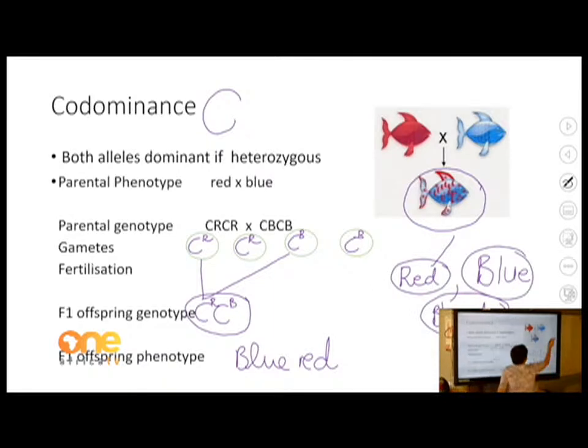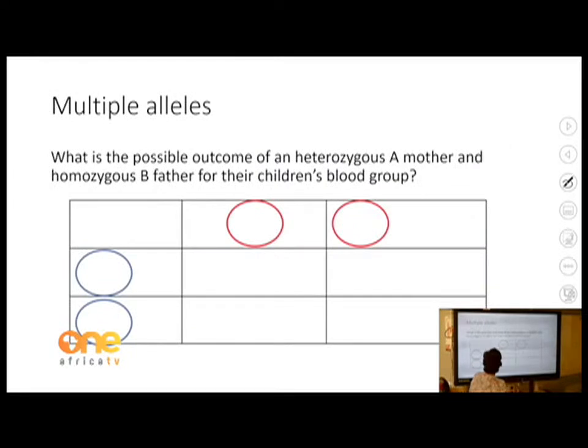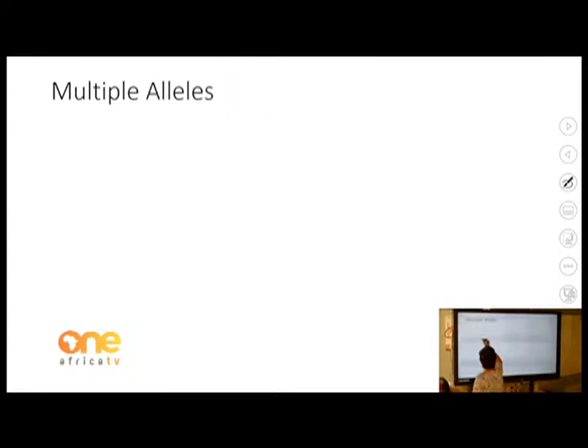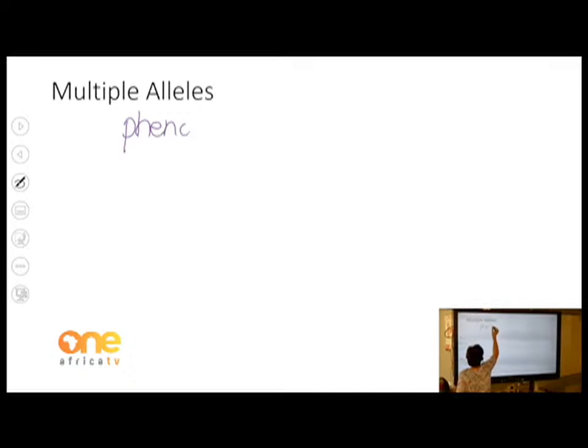That is then the possibilities. Okay, grade 12. Now I want us to look at multiple alleles. Multiple alleles, you know, blood groups. And blood groups, we have phenotype. Can we write down all the blood groups?